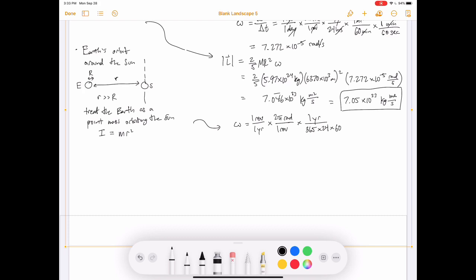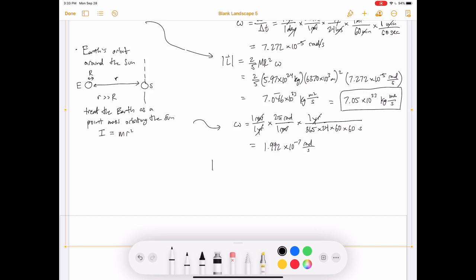Then we have 60 minutes in an hour, and then 60 seconds in a minute. So 365 times 24 times 60 times 60 takes us from years to seconds. So unit-wise, we're left with radians per second. Omega is 1.992 times 10 to the minus 7 radians per second.